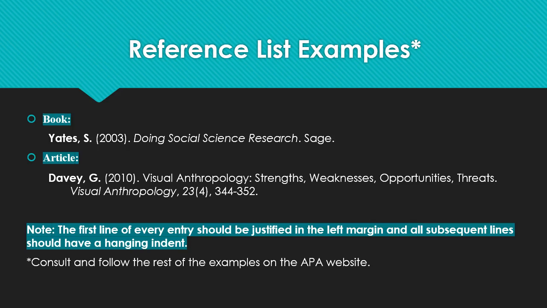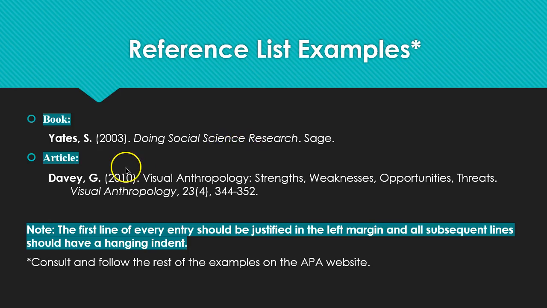Okay, these are some examples of reference list entries. If it's a book, we need to include the author's last name, their first initial, the year. The name of the book goes in italics, and then the name of the editorial company.